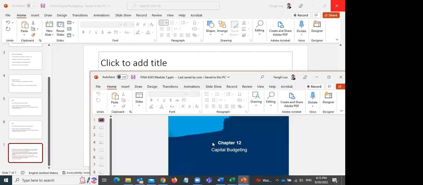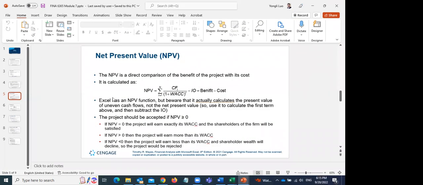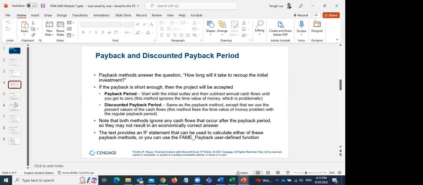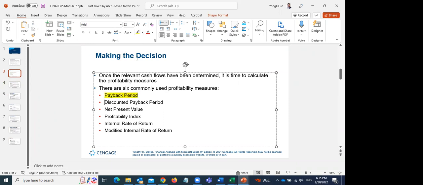The most common way we use is the payback period. We're going to learn what a payback period is, what net present value is, what profitability index is, what internal rate of return is, and what modified internal rate of return is. They also have a discounted payback period.